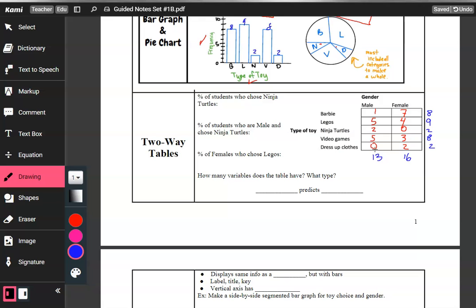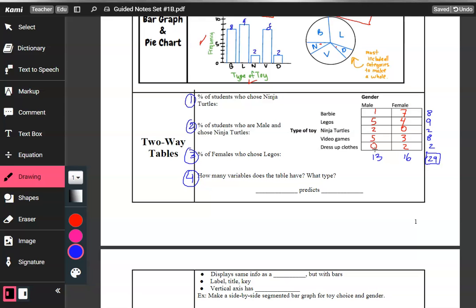And they should add up to the total number of students involved, which was 29. Okay, so for the two-way table, you have question number 1, the number of students who chose Ninja Turtles, question number 2, question number 3, and question number 4.